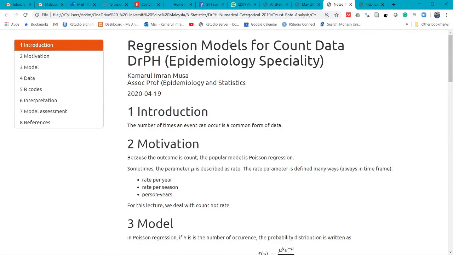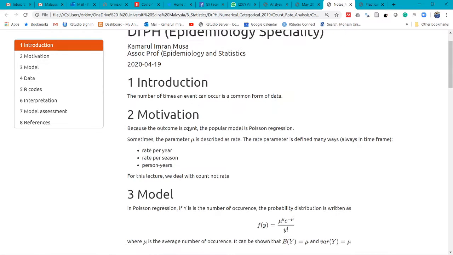First, let's talk about regression models for count data. You know that the number of times an event can occur is a common form of data, right? So when the outcome is count, one of the popular models is the Poisson regression.